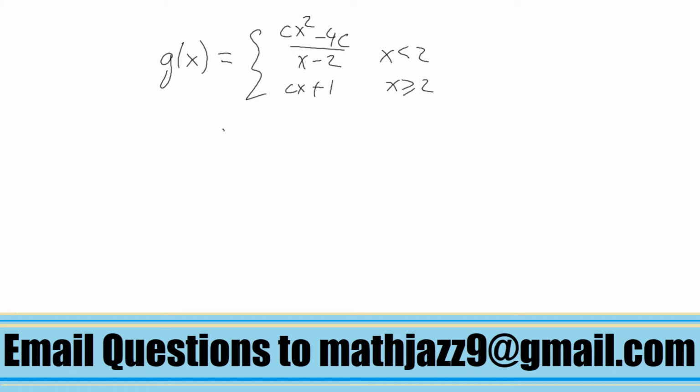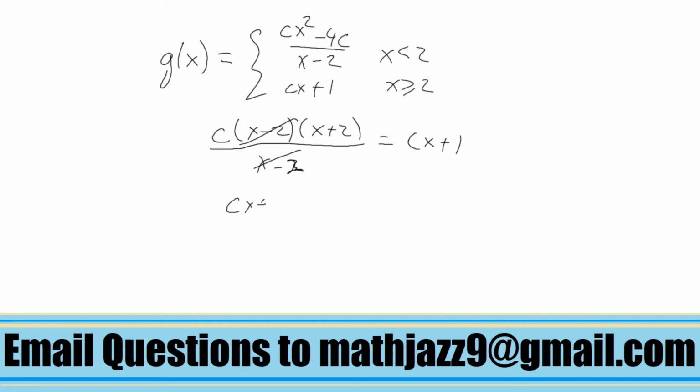So we're going to factor the top. We get c times x minus 2 times x plus 2 over x minus 2. And those will cancel. Now we're going to set that equal to the bottom part, which is cx plus 1. This will get rid of all the problem issues that we had. We had a 0 over 0 indeterminate form.